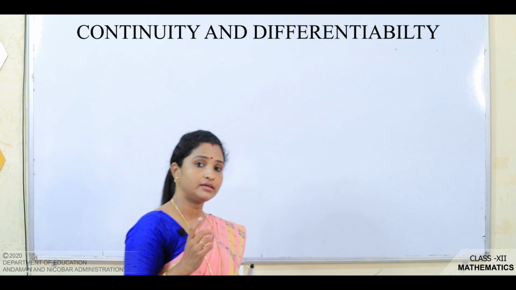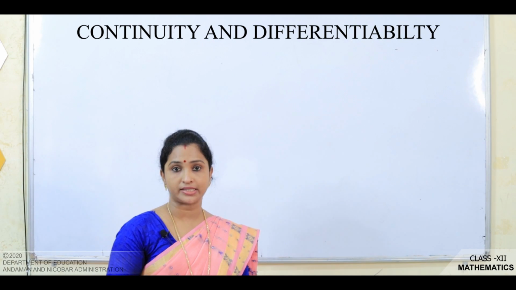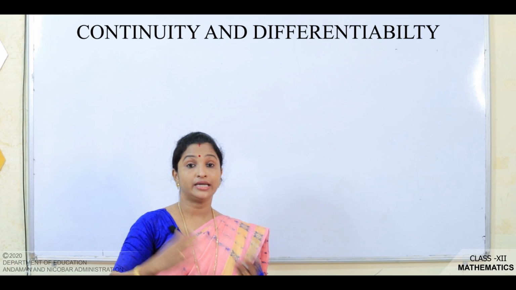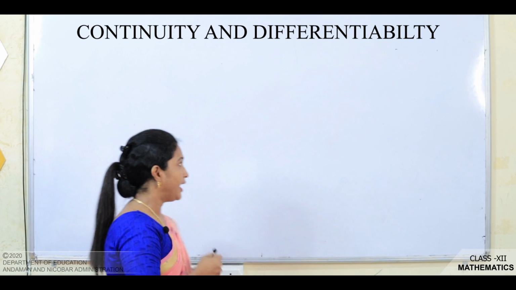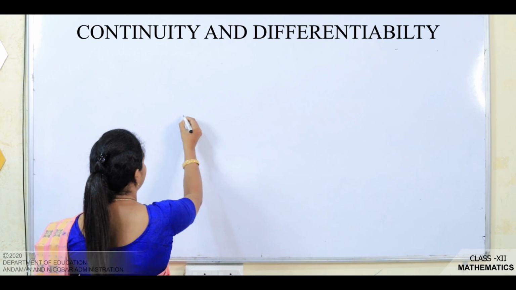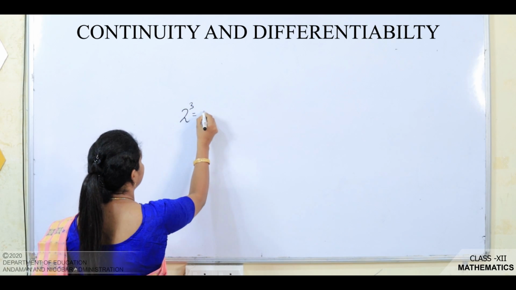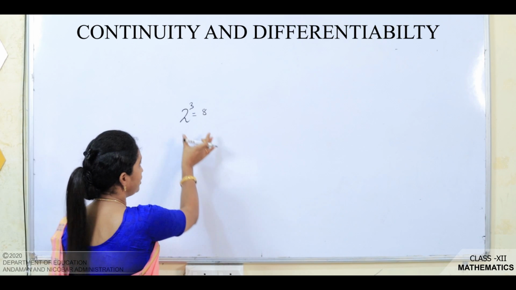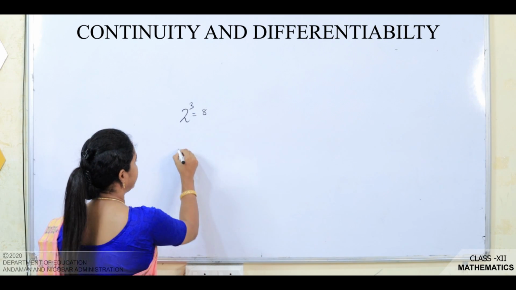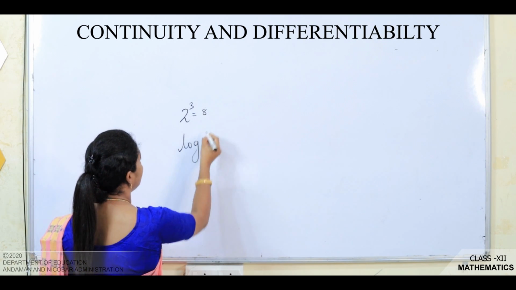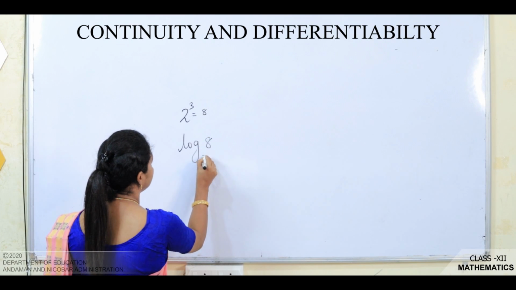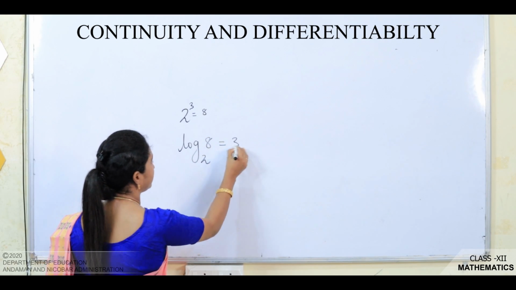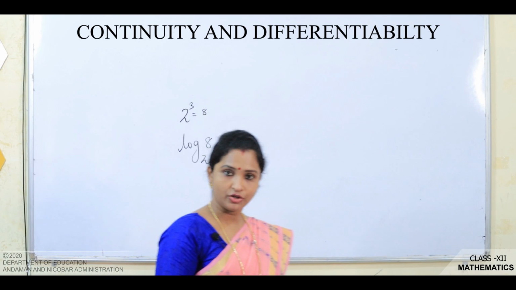We have studied about how you can rewrite the exponential function in terms of logarithm. I have given you examples like if 2 cube is equal to 8, you can write this exponent in terms of logarithm as log 8 to the base 2 is equal to 3. You remember that?